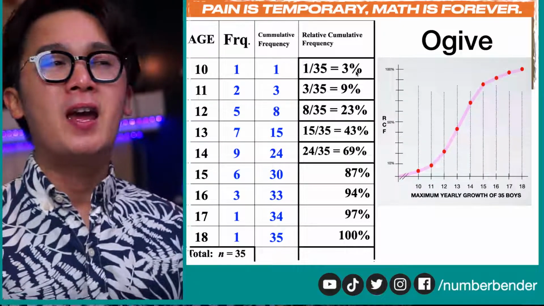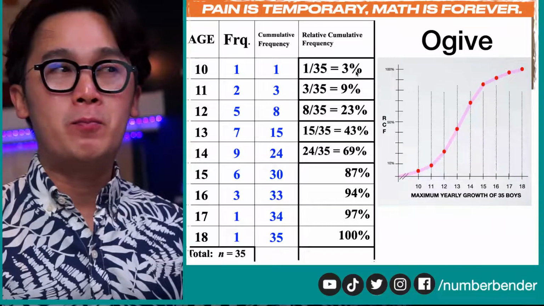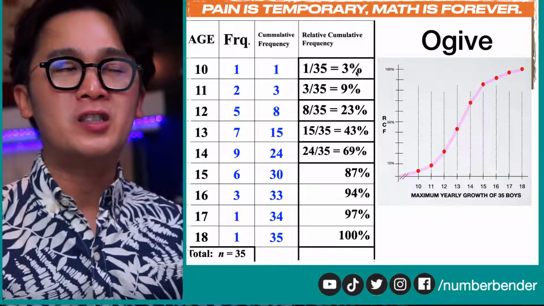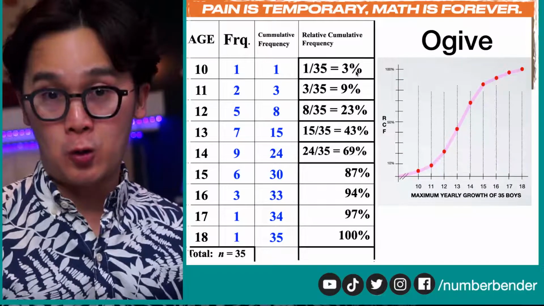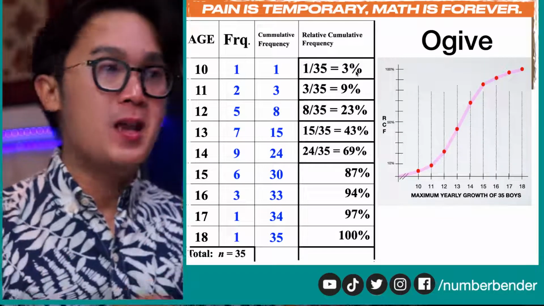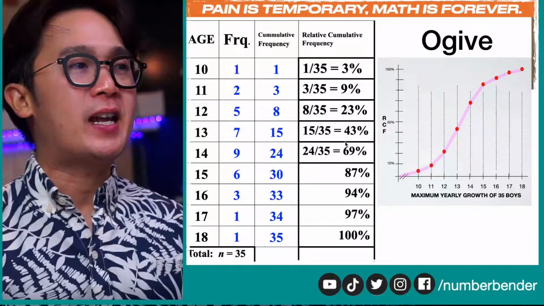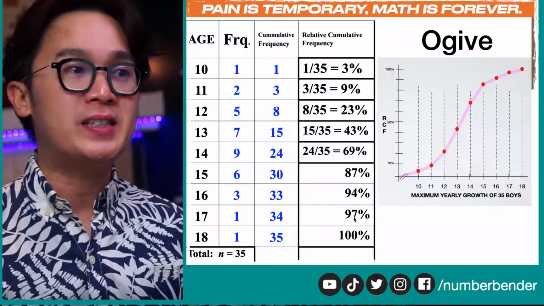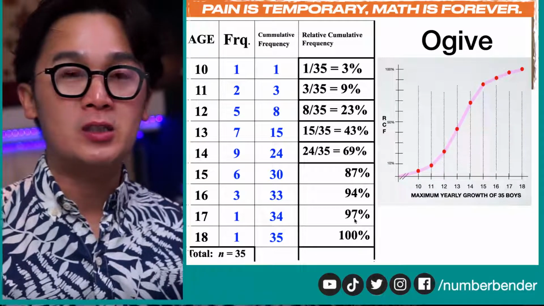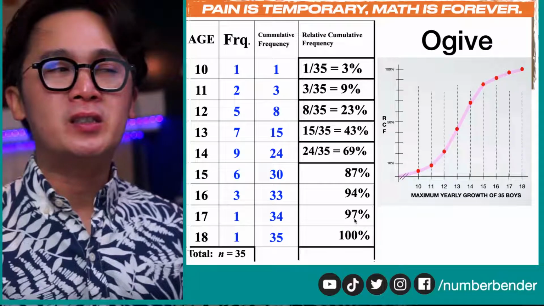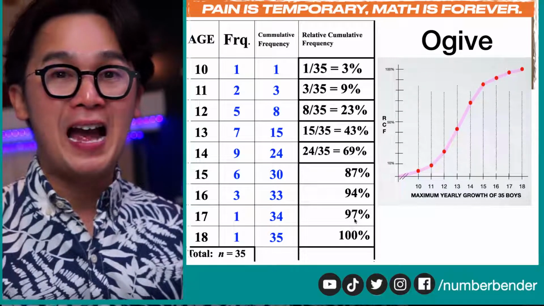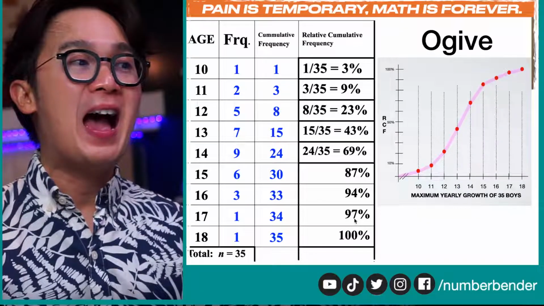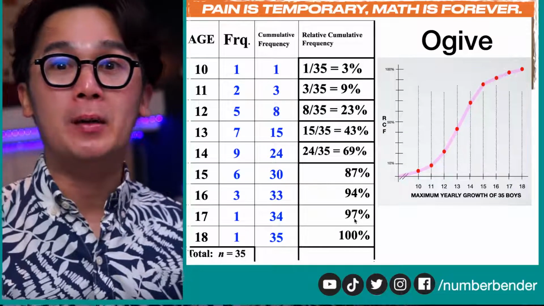So that means 3% of the boys had their growth spurt at 10 years old and below. And let's say you are at 17 years old. So at 17 years old, your percentile is at 97th percentile, which means 97% of the boys had their growth spurt at age 17 and below.